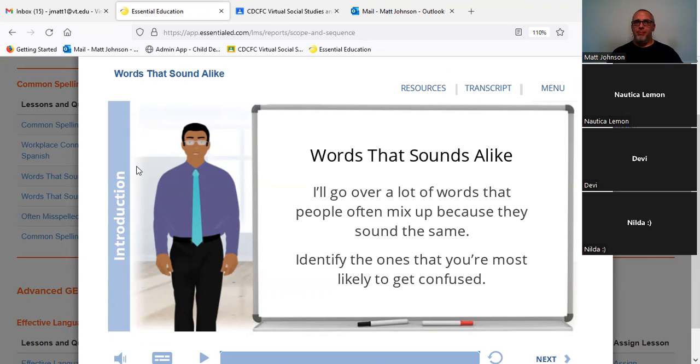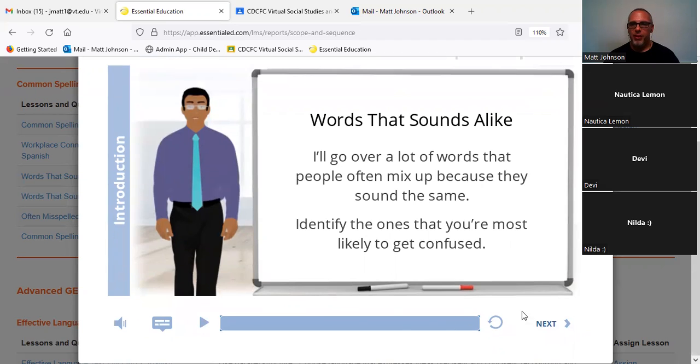The people in the capital work at the capitol, right? It's just way too confusing, that one in particular. But there's plenty of examples that we're going to see here where people get confused.